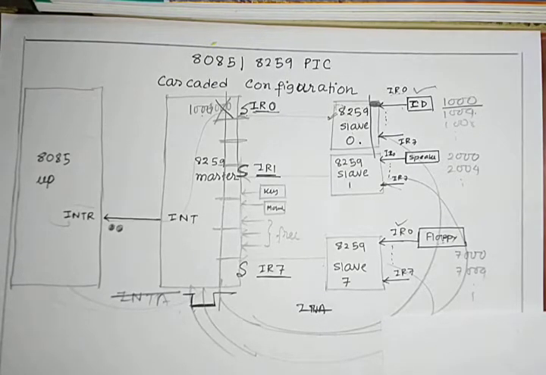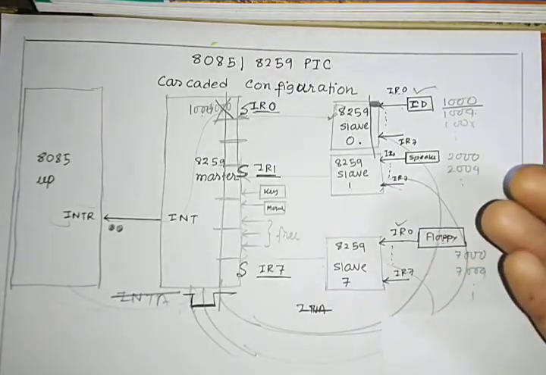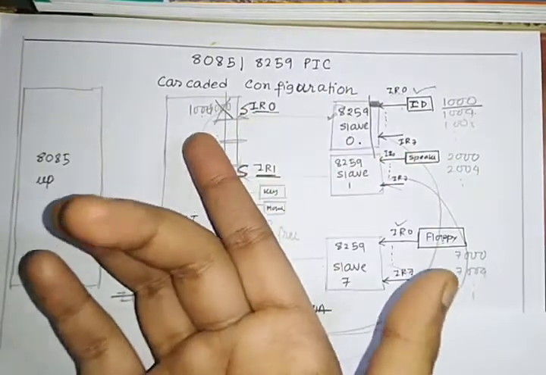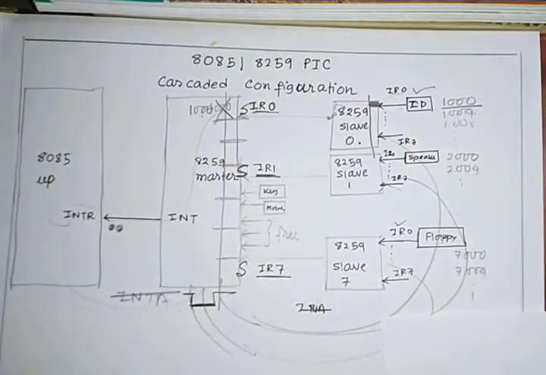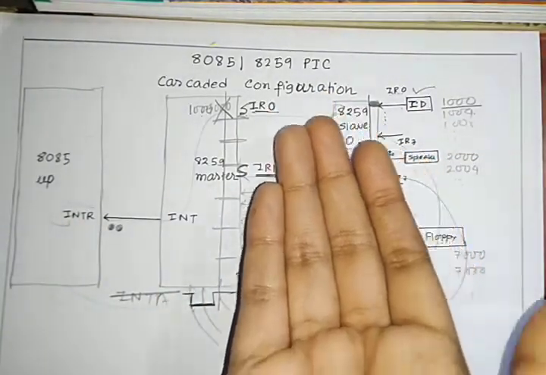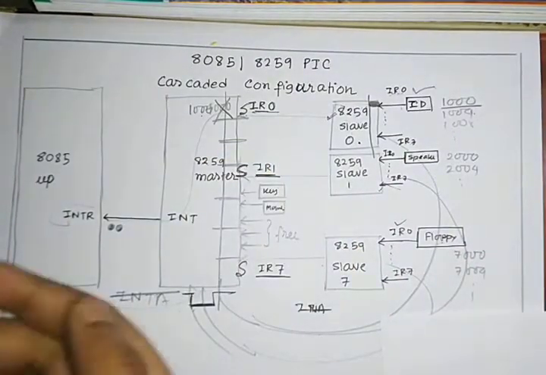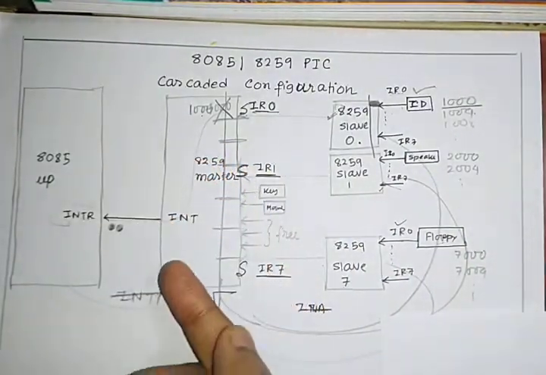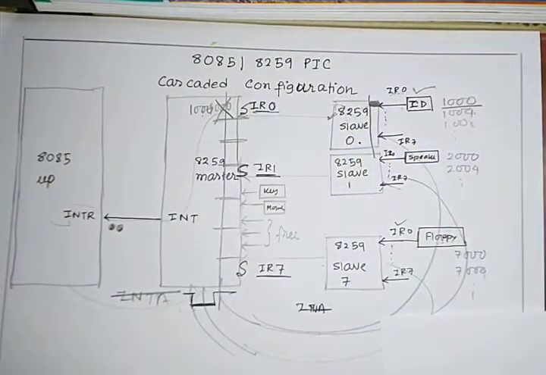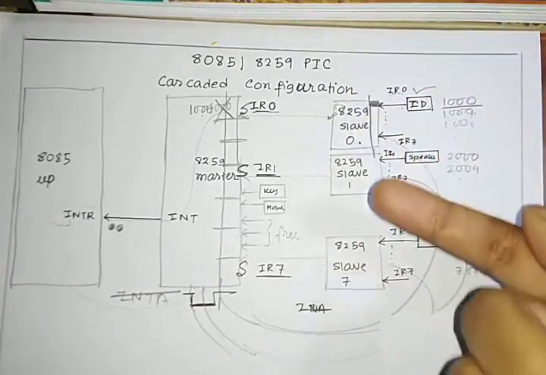Fourth, if any signal comes through a slave, it will interrupt the master, which will interrupt the MPU. To be serviced, first they have to produce signals. They will come to the master. Now the master produces unique signals to these slaves through CAS0, 1 and 2. With the various combinations, it will inform which slave is being selected.